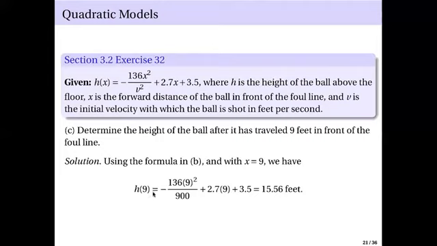So h of 9, you have negative 136 times 9 squared, over 900 here, your v squared. And then plus 2.7 times 9 plus 3.5. And we will have 15.56 feet. Okay? 15.56 feet.